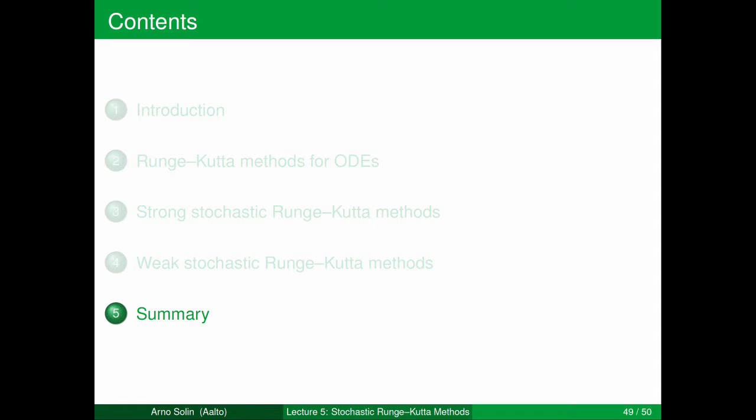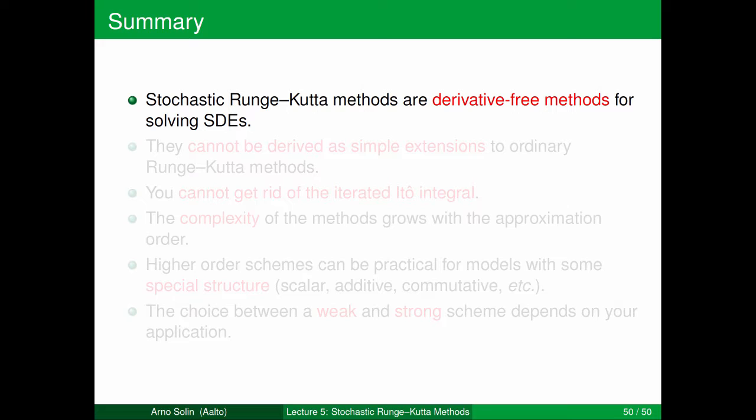Now, after going through some ordinary Runge-Kutta methods, some strong stochastic Runge-Kutta methods, some weak stochastic Runge-Kutta methods, it's time to summarize what we learned. Stochastic Runge-Kutta methods are basically derivative-free methods for solving SDEs.